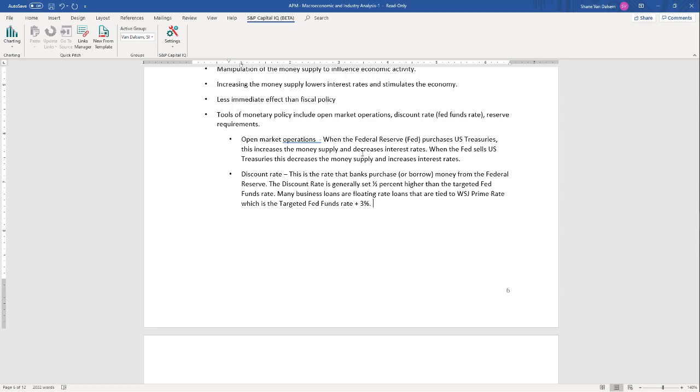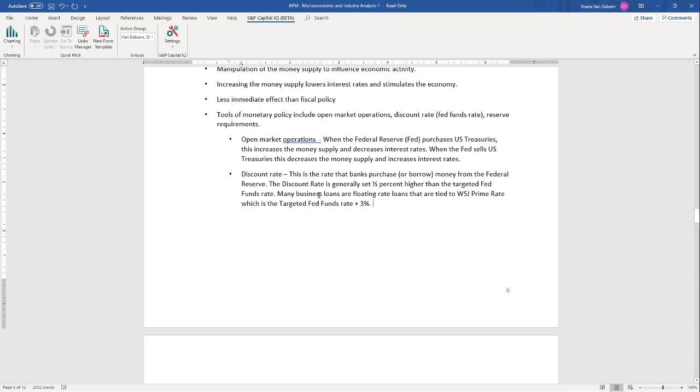I expect that the new Wall Street Journal prime rate is 3.25%, because when the range was between 1% and 1.25% for the targeted Fed funds rate, then the Wall Street Journal prime was 4.25%. But what happens as a result of that index rate, the Fed funds rate, going down, is that it becomes cheaper for businesses to borrow, and it lowers the interest expense for businesses that are already borrowing using that floating rate.